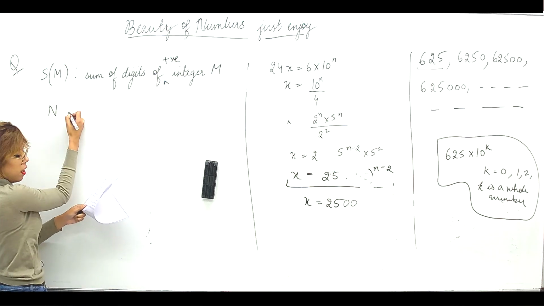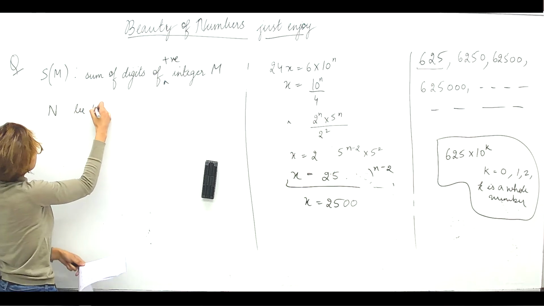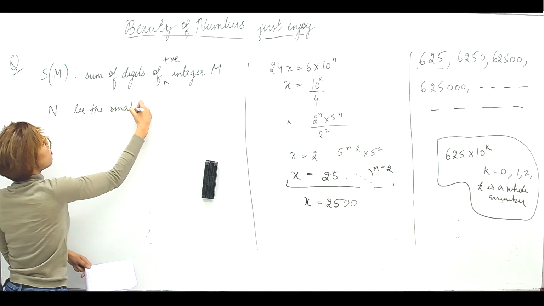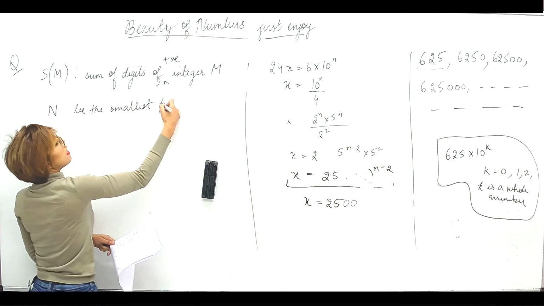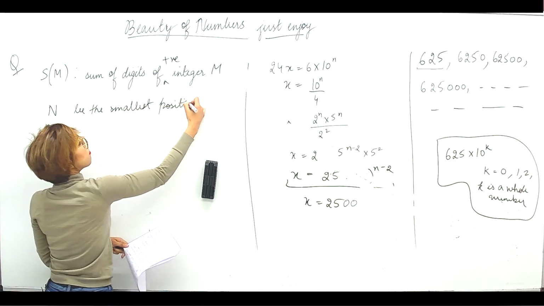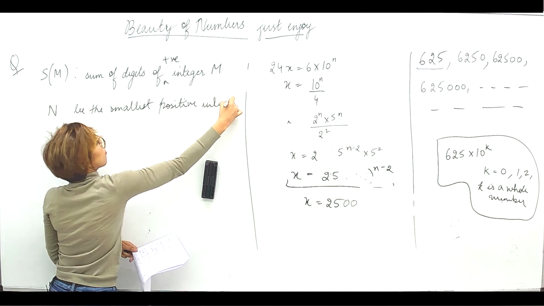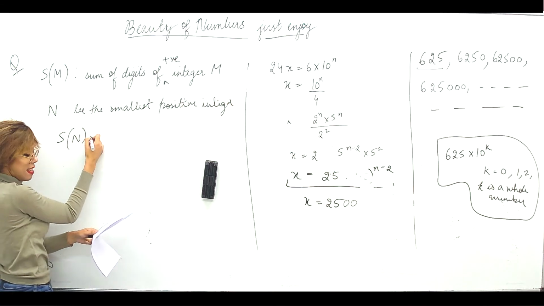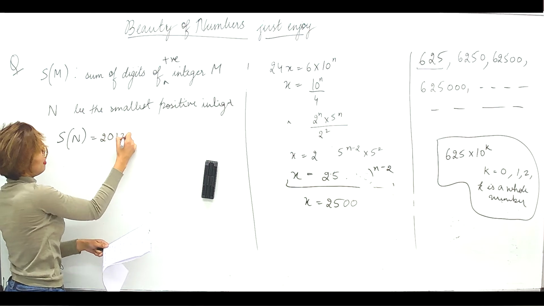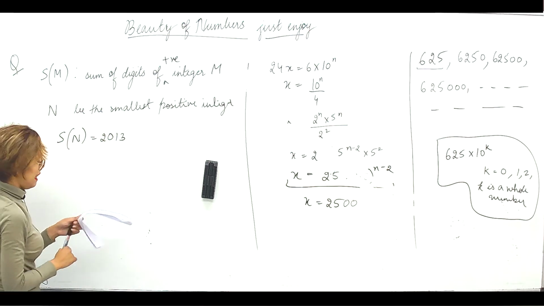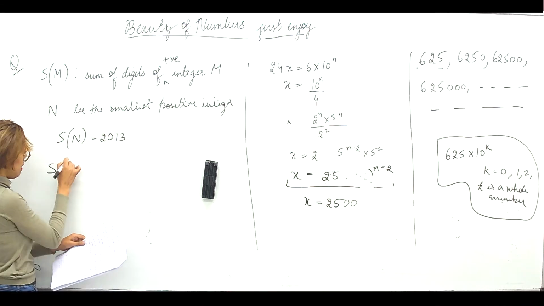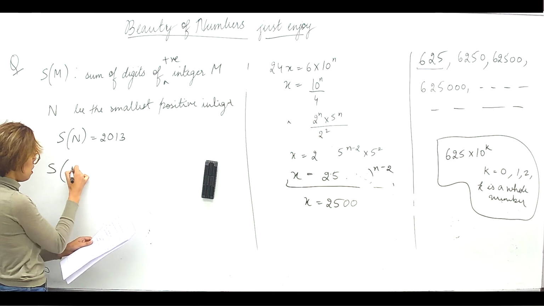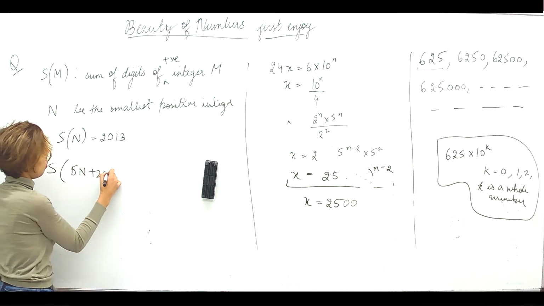Let n be the smallest positive integer such that S(n) is equal to 2013. Find the value of S(5n + 2013).